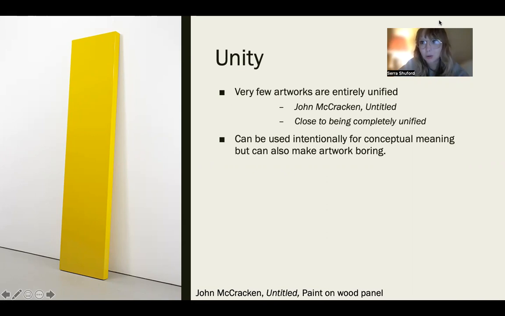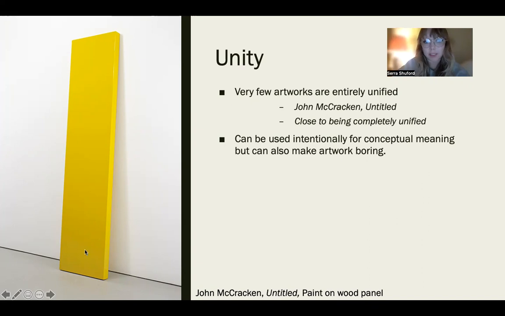But in a general sense, if you are just starting out doing artwork and you make something in reference to this, I would say you probably need to make sure that your repertoire and your portfolio is built up with work that is balancing unity and variety before getting to something like this that's more conceptual based. It can be used intentionally for conceptual meaning, but can also make artwork boring if you're not doing it in some intentional way.